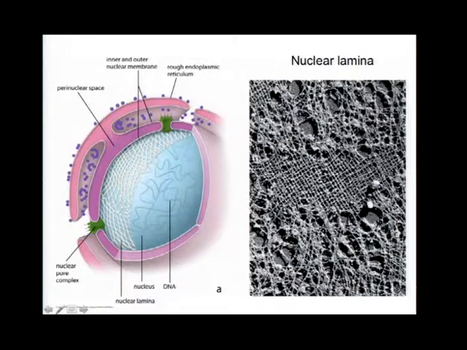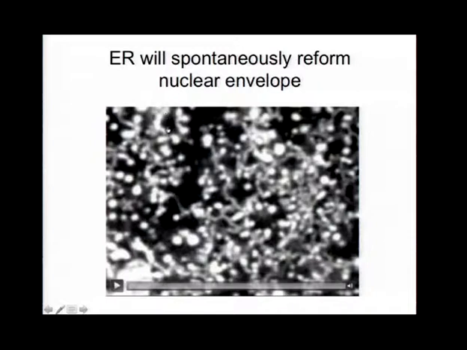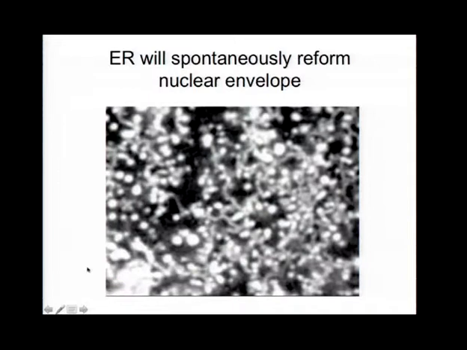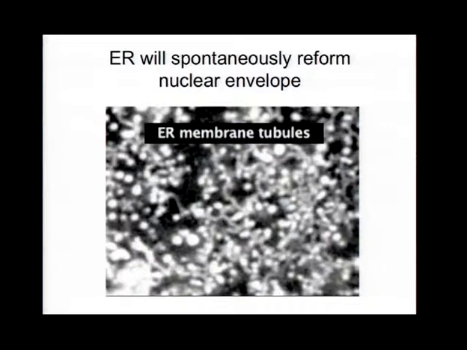The evidence is that, as you might expect, this ER on its own can reconstruct at least the lipid component of this nuclear envelope. Okay? And that is demonstrated if we look at another video, and in this case one in which we've taken basically microtubule lipids, and they're lying out here in a dish, and asked what will they do spontaneously. And what they do spontaneously is rather incredible, because they're going to actually sit there and start to fuse.